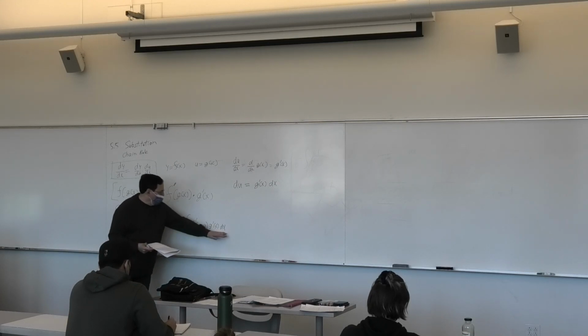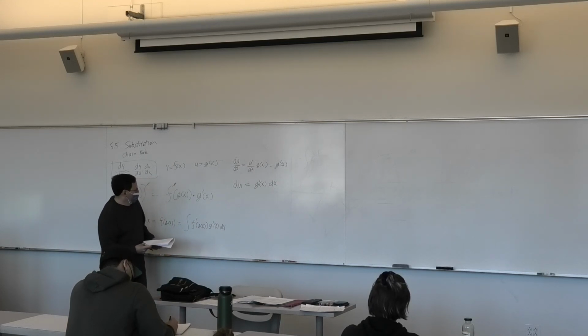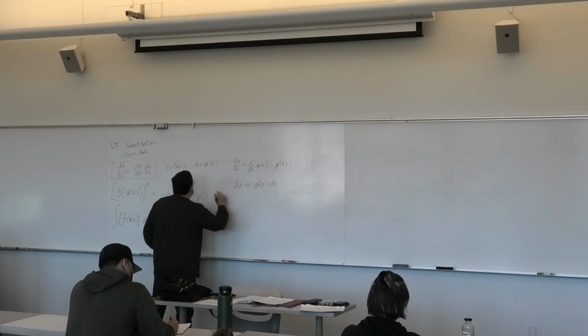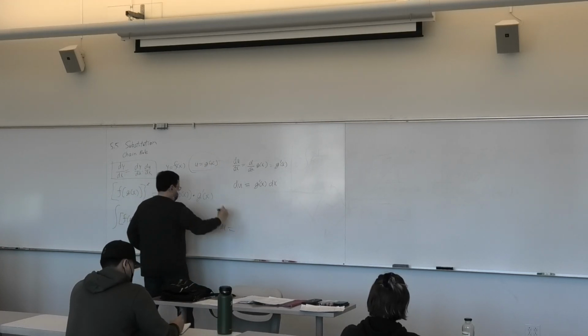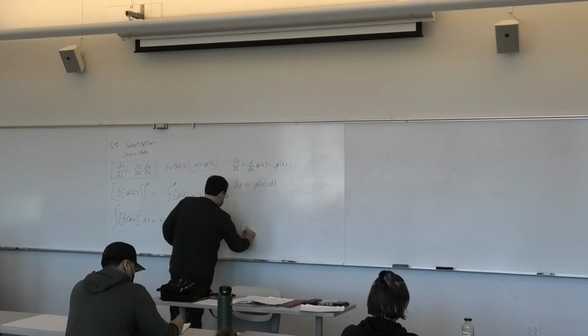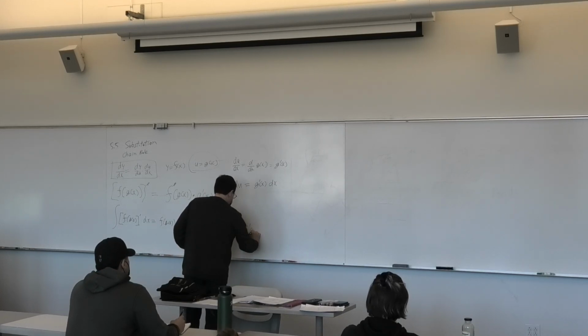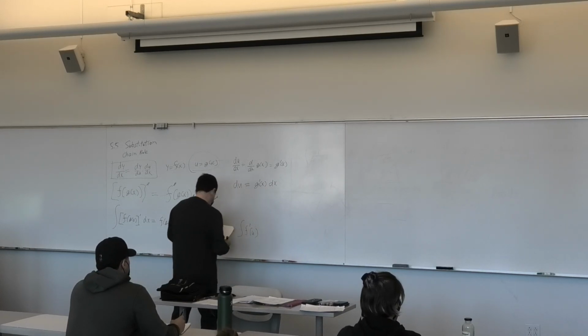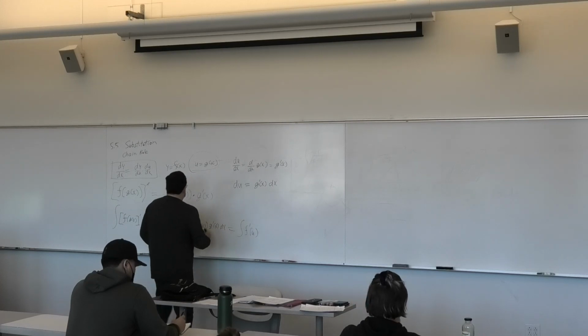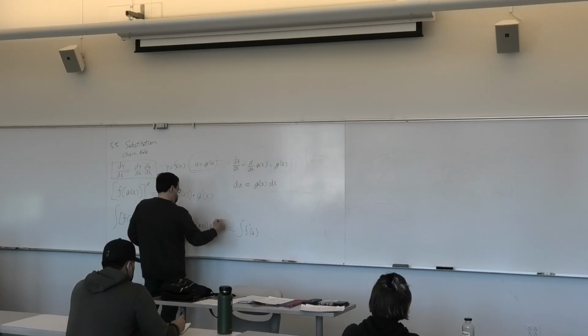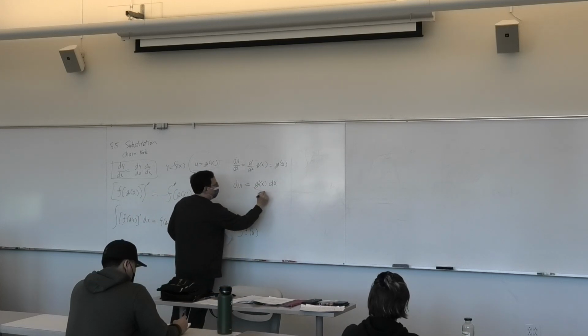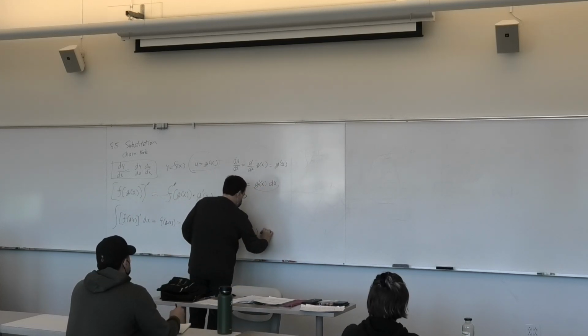Now we're going to do a substitution here. Since u is g of x, we're going to call this integral f prime of u. And since we have g prime of x dx here, we're going to call that du.